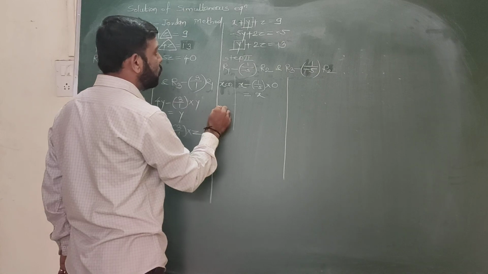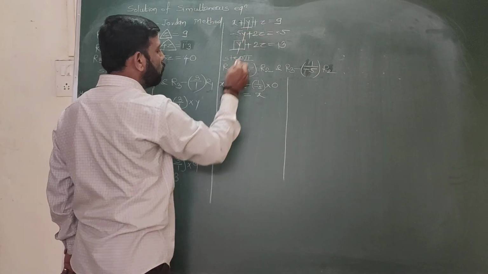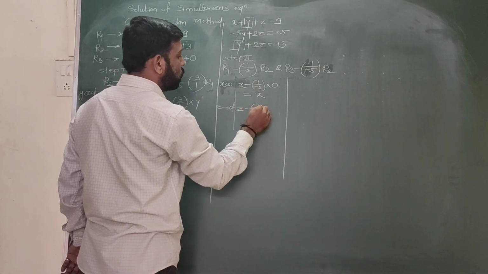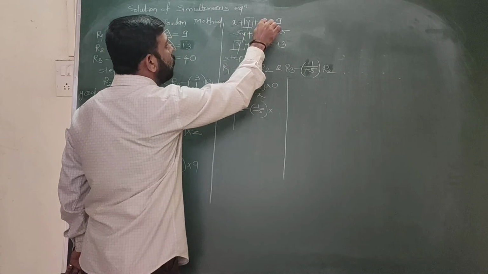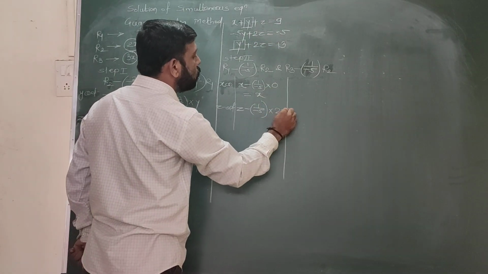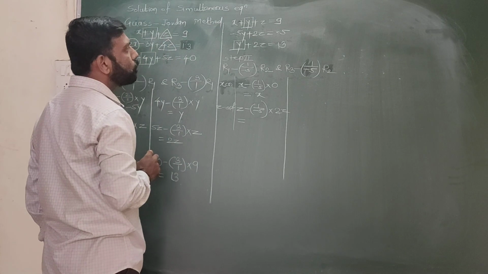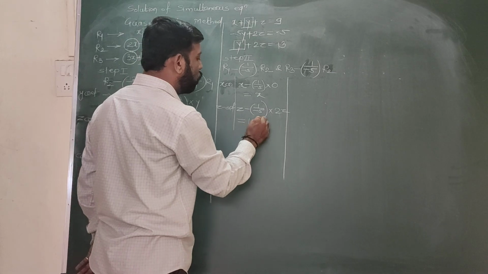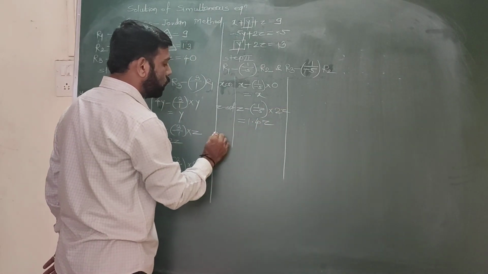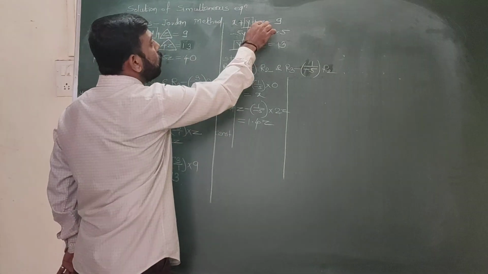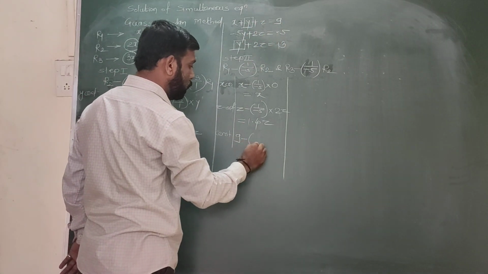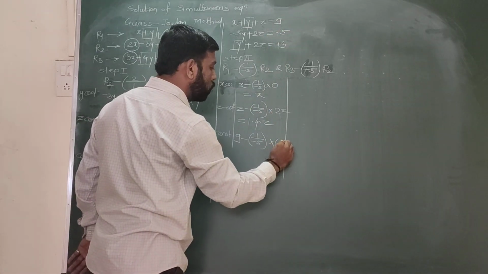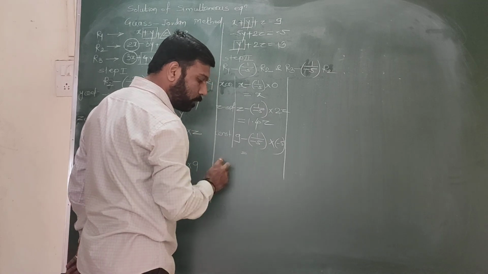Y becomes 0 with this one. Z coefficient: Z minus 1 upon minus 5 into its R2 coefficient 2z, the output is 1.4z. The constant: 9 minus 1 upon minus 5 into its R2 minus 5, the output is 8.